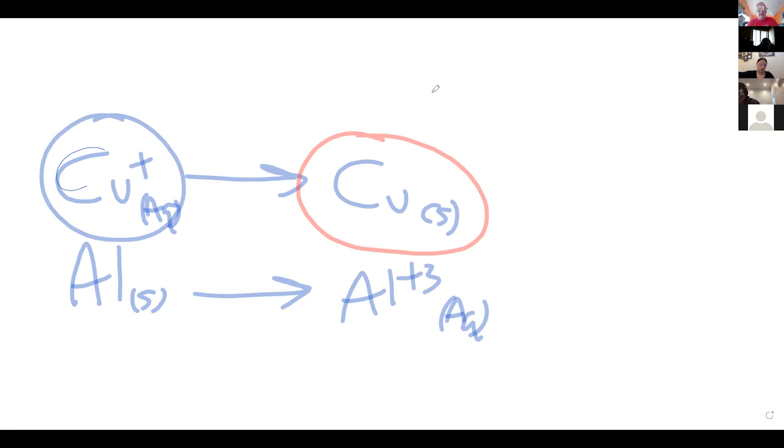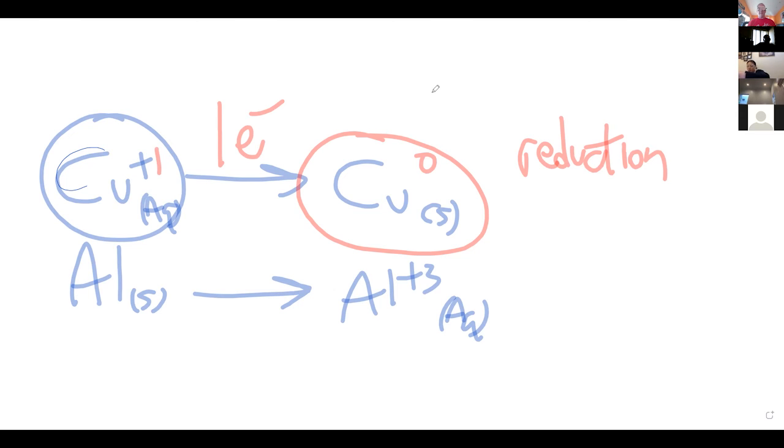Did it gain electrons or did it lose electrons? It gained an electron, that's right. 1 electron went from copper plus to copper. So we call this a reduction, because its charge was reduced. It went from being +1 to being 0.